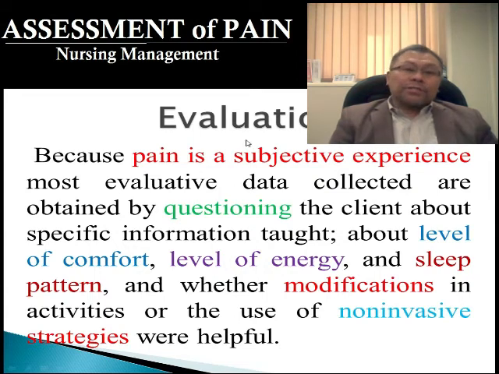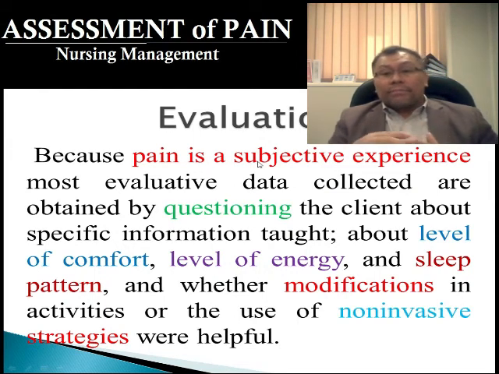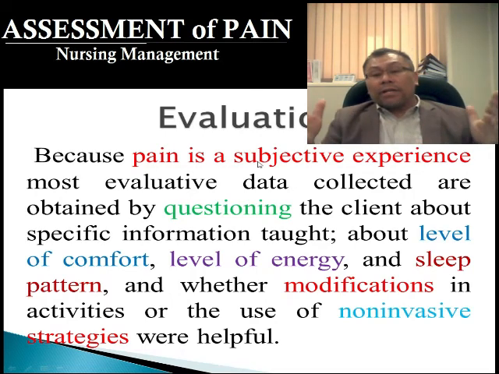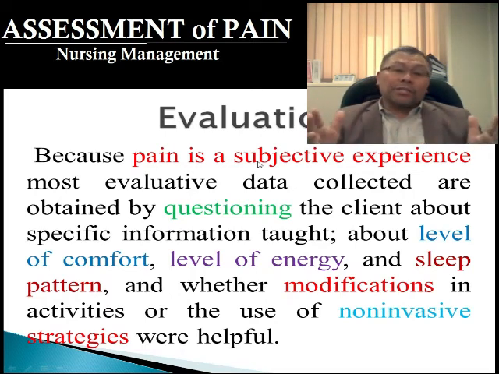So for evaluation, because pain is a subjective experience, most evaluative data collected are obtained by questioning the client about specific information taught, level of comfort, level of energy and sleep pattern, and whether modifications in activities or the use of non-invasive strategies were helpful.